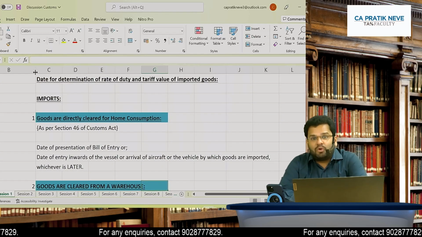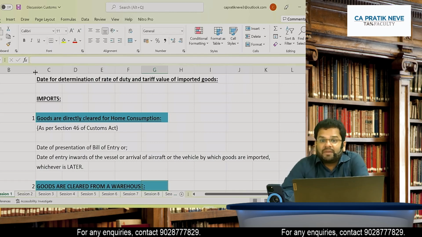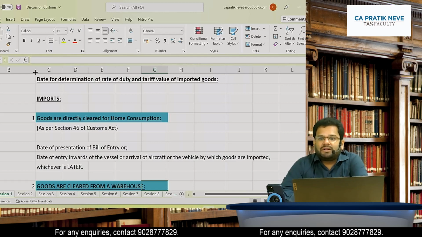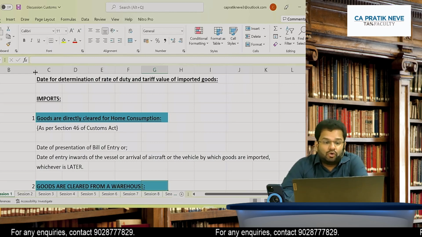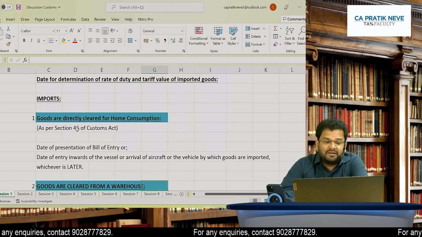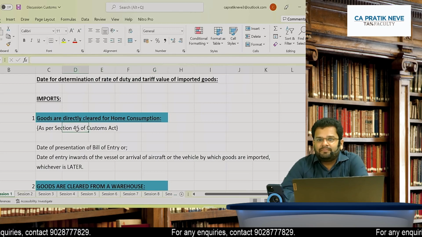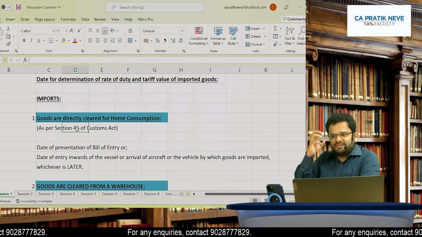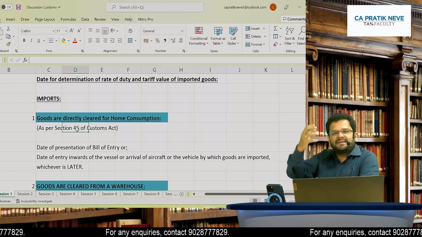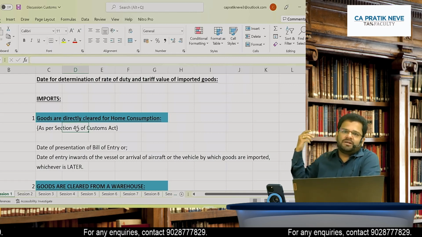of imports, when goods are imported, two things can happen. One, the goods can be directly cleared for home consumption. Means goods have been brought into India and taken directly for home consumption.